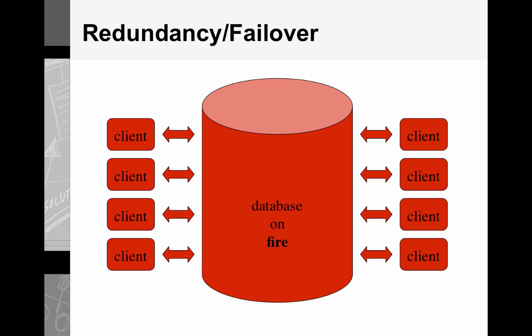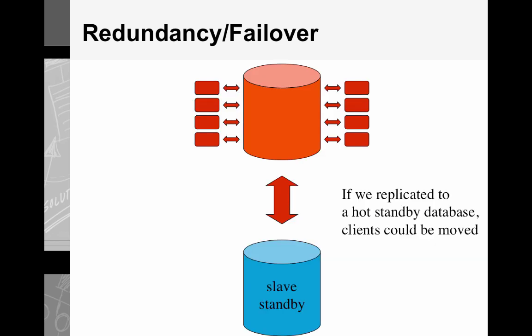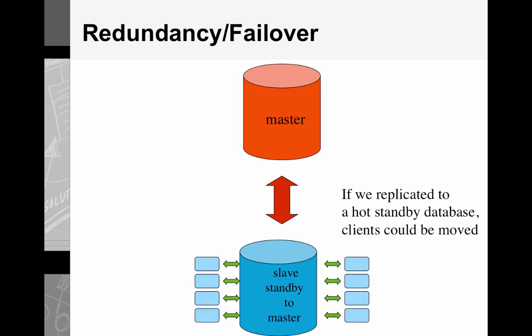Well, in such situations, if we had a master-slave database where the slave database is a standby database, what we can do is that the clients can connect to the slave database. The slave database can be updated from being a slave to a master so it can start taking on all the updates that need to be done.